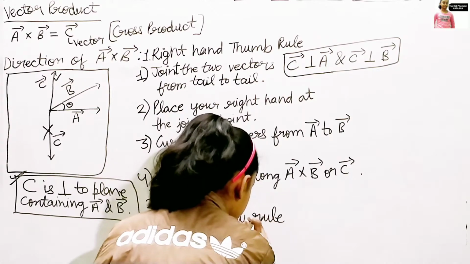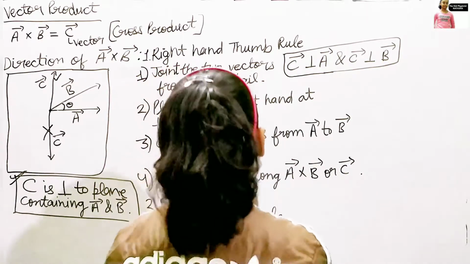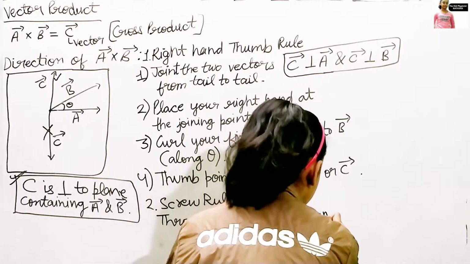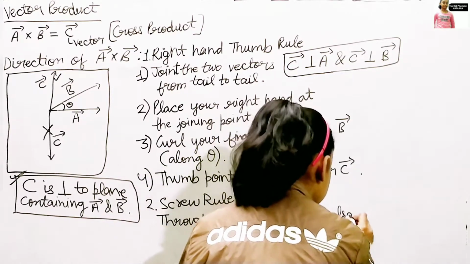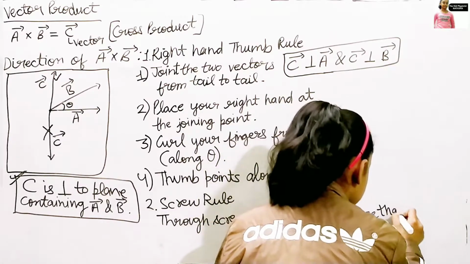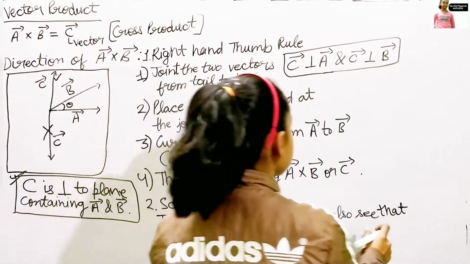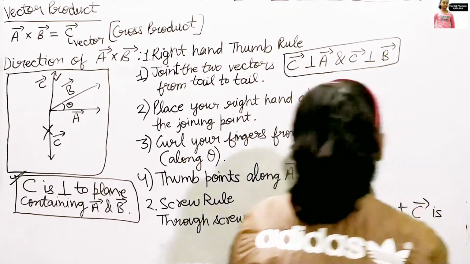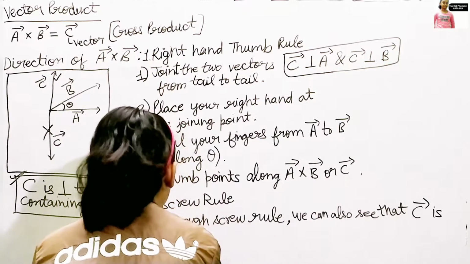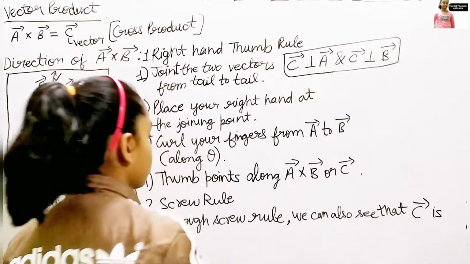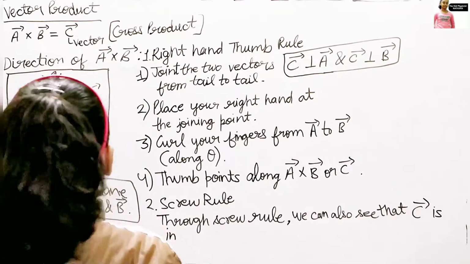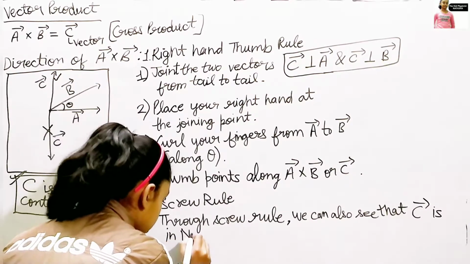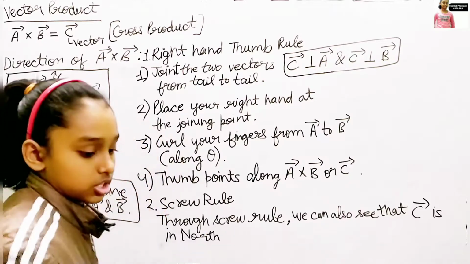Wait a second. Yeah, so through the screw rule, we can also see that vector C is in upwards, or we can say north direction.